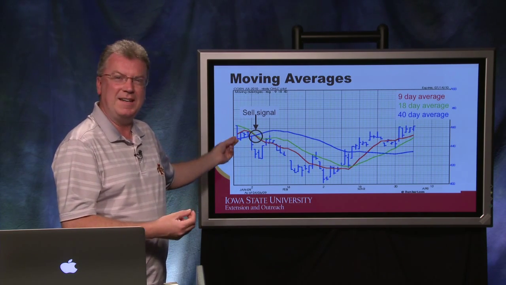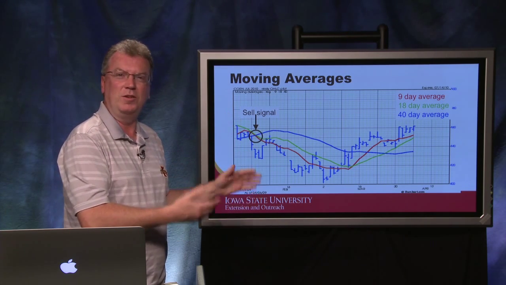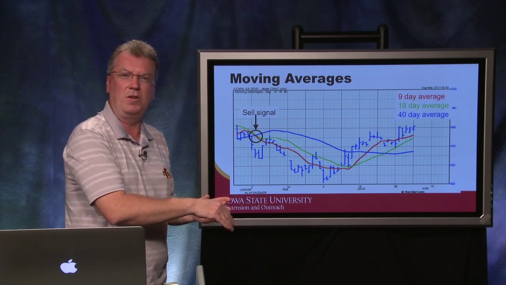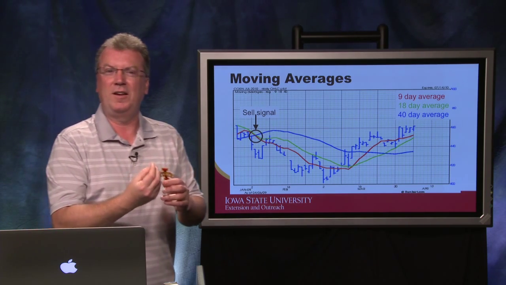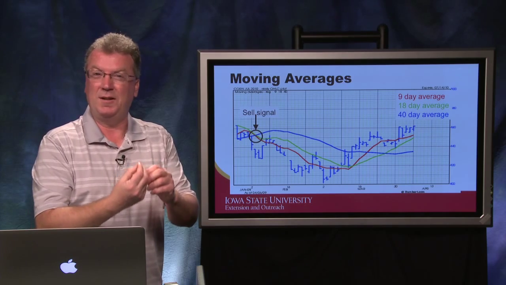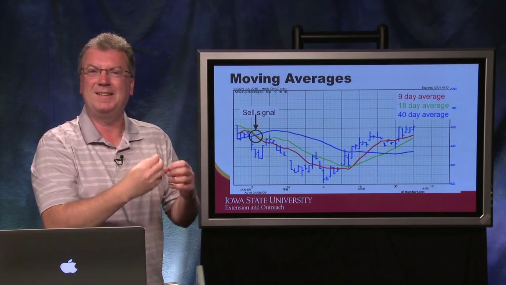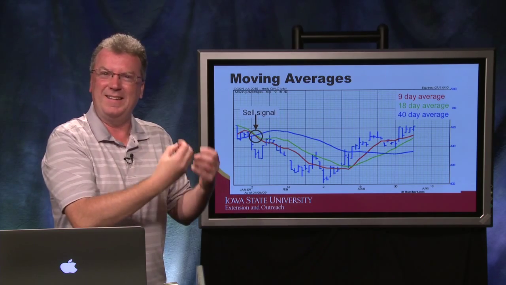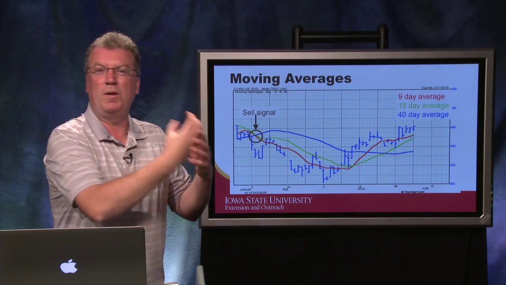When you see the 9 and 18 days dive below the 40-day average, so the short-term average dives below the long-term average, that's typically known as a sell signal, because that's saying that the short-term movement in the market is down while the long-term has been higher. And so that's typically indicating that the market's at a relatively high price compared to history. Therefore, I want to sell the product.